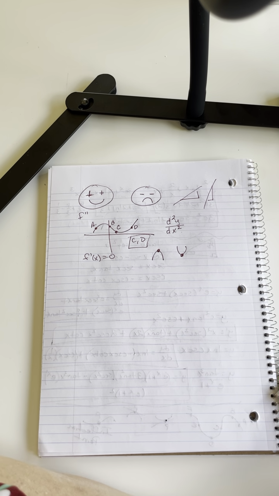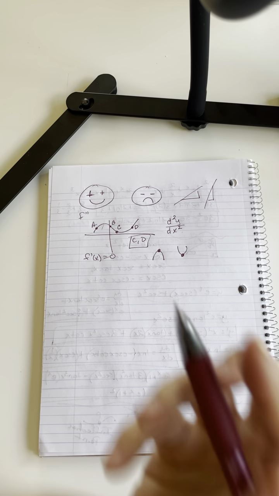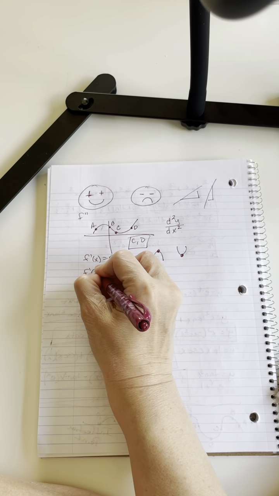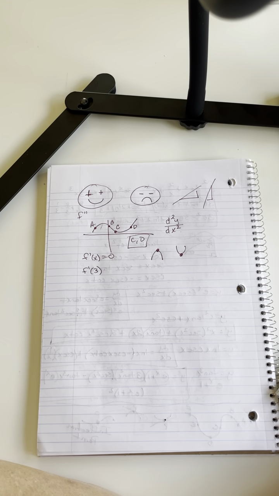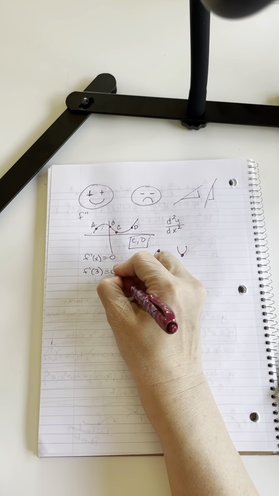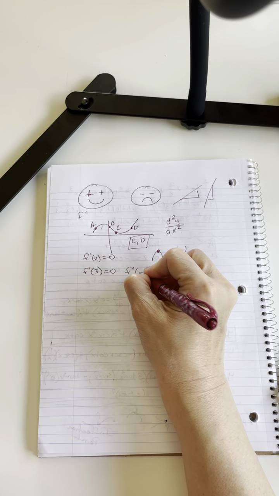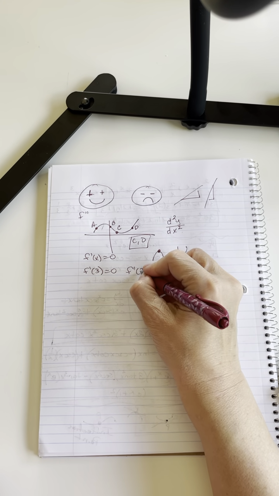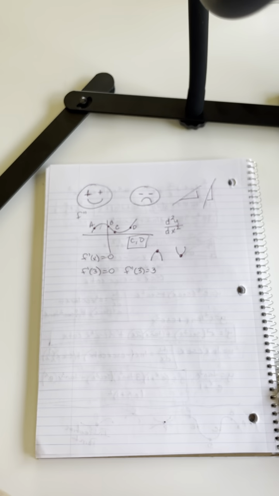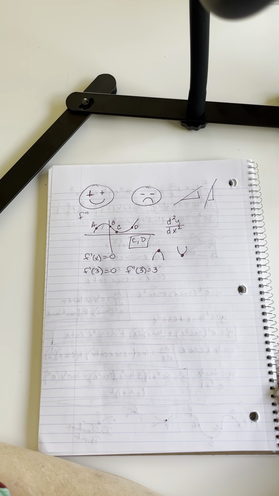Okay, so example 3. Suppose f is a polynomial function and f prime of 3 equals 0 and f double prime of 3 equals 3. Sketch the graph of the original function close to 3 and indicate if you've got a max or a min there.